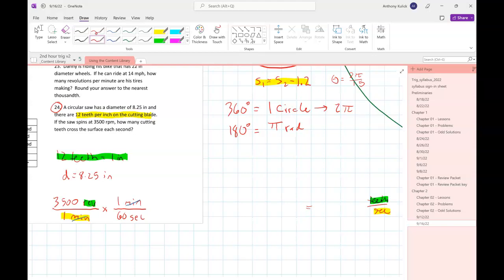And we talked about this in the notes in the example, that 1 revolution is equal to 1 circumference, which in our case, since we're talking about a circular saw blade, is 2 pi r. And what's the r here? It's the diameter divided by 2.